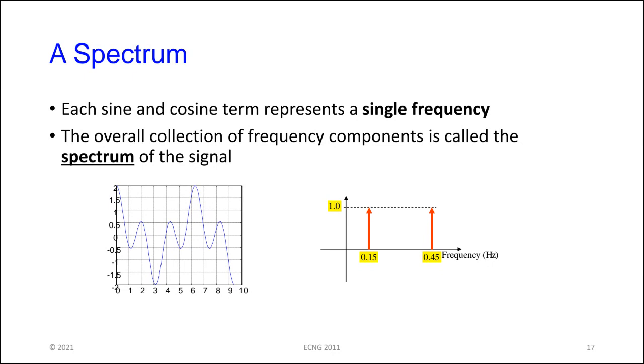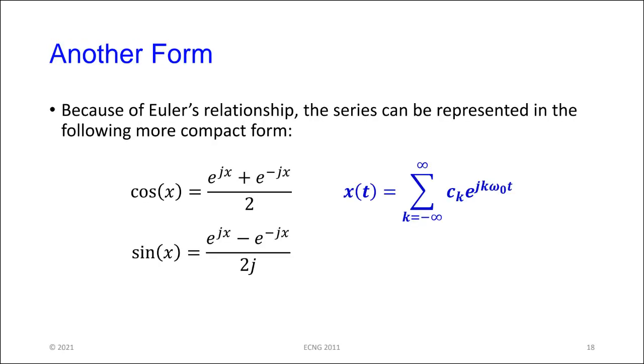Now, one of the things that you can do is that there is a relationship between cosine and sine and the exponential function e, right? And that relationship is through what we know as Euler's relationship. So for instance, cosine x is e to the jx plus e to the minus jx over 2, with the complex exponential, I should say, and sine is the other one.